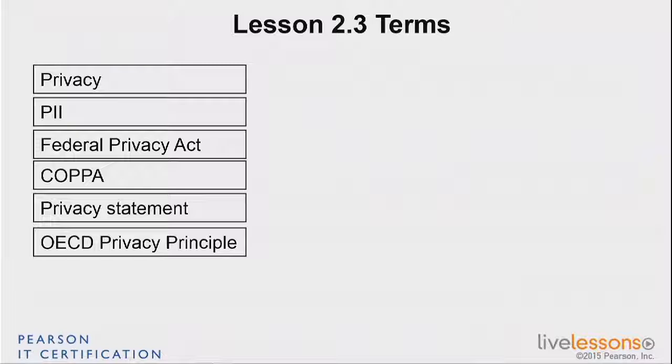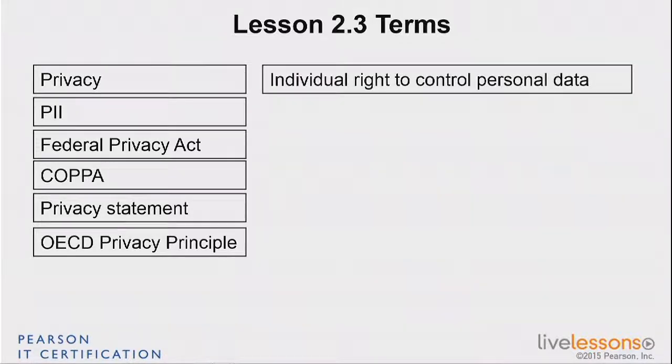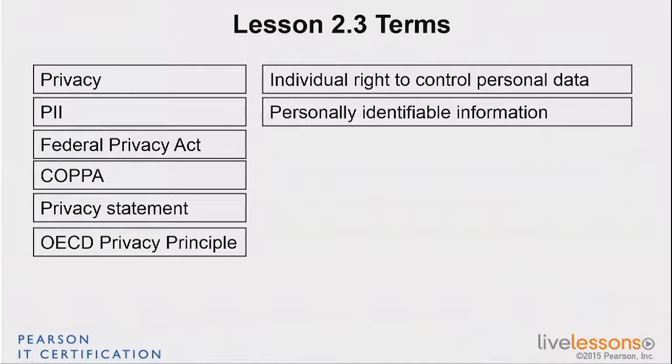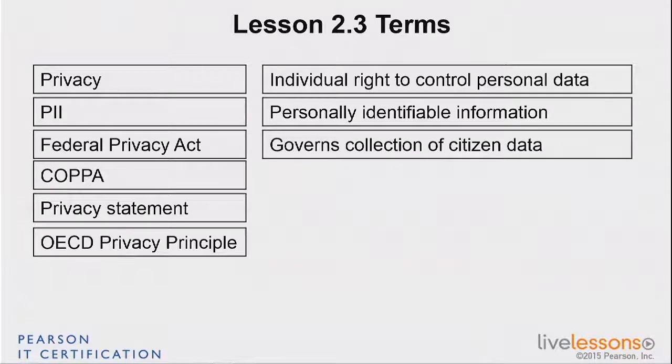Okay, let's go through lesson 2.3 terms. Privacy is the individual right to control personal data. PII stands for personally identifiable information. Remember, you might see that as PI, personal information, or NPPI, non-public personal information. Federal Privacy Act governs collection of citizen data.